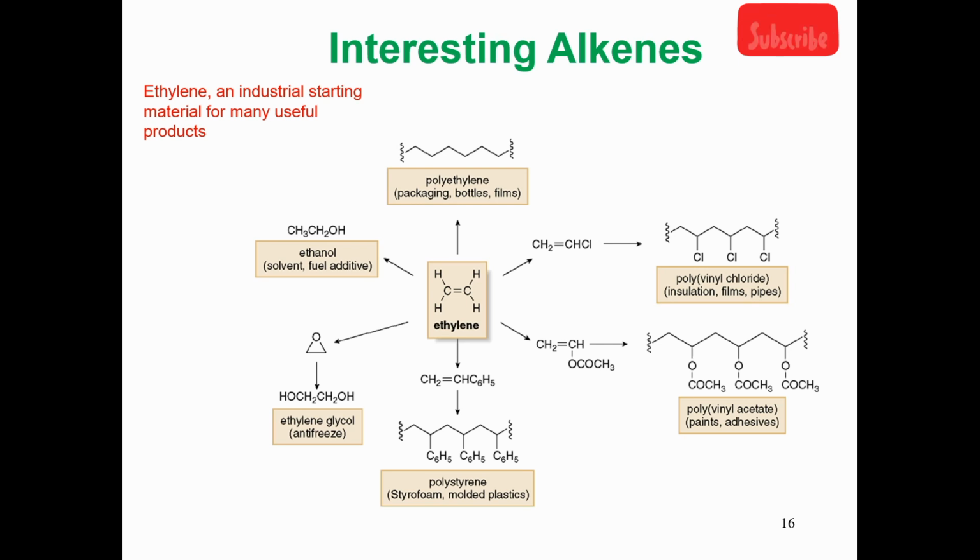They are also useful in the preparation of polyvinyl chloride, we call it PVC, which is used in pipes and films in production. They are also useful in the preparation of ethylene glycol, which is an antifreeze agent, and others as shown on the screen, meaning that the alkenes you are studying are not useless. They are very useful, especially in the industry.